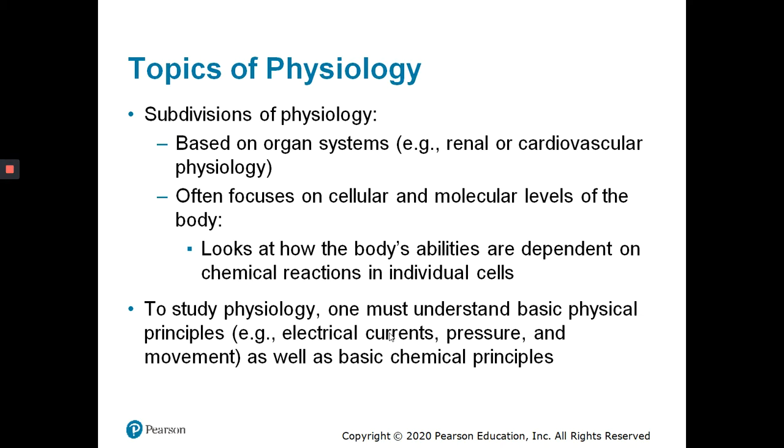So there's a couple of things you need to understand. This isn't strictly a biology class. There's going to be a lot of chemistry, a lot of physics, and you need to have at least a basic understanding of that. And that's what these first couple of chapters are going to do for us.